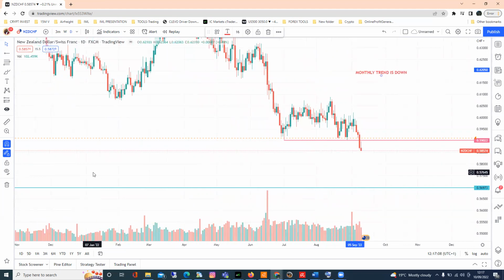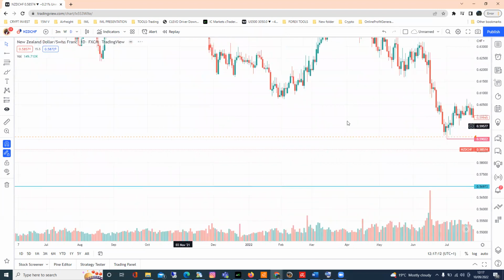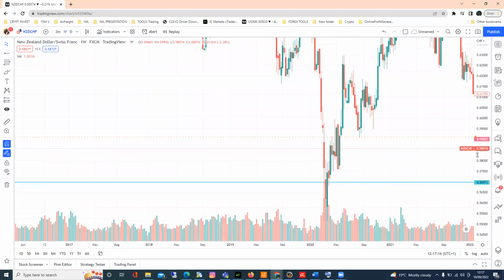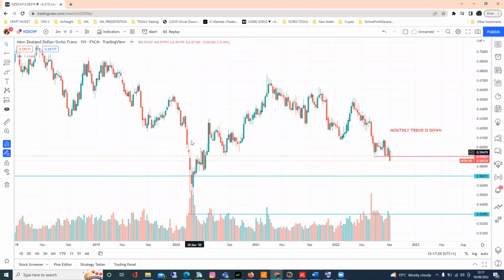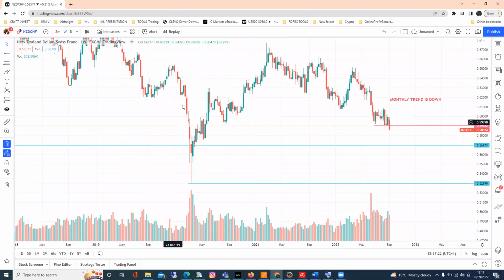All right, so way before that, what can we encounter before that? If we go quickly back to the weekly chart, what I want us to understand is when price comes all the way down here, we tend to have a push all the way up, okay?